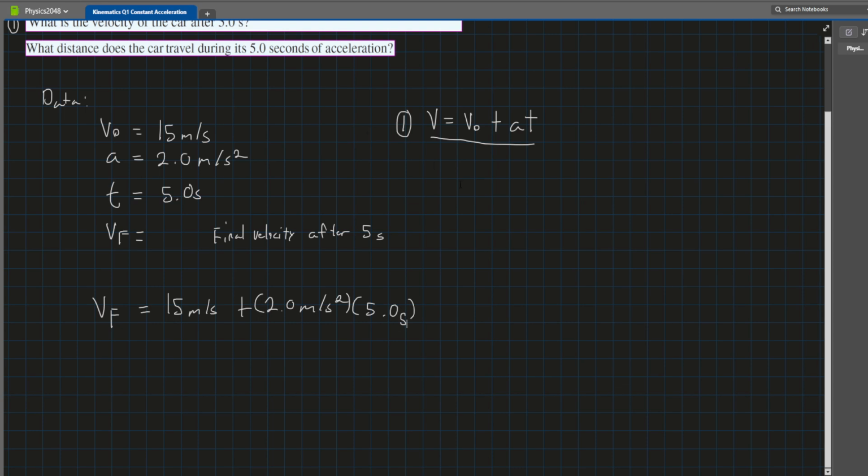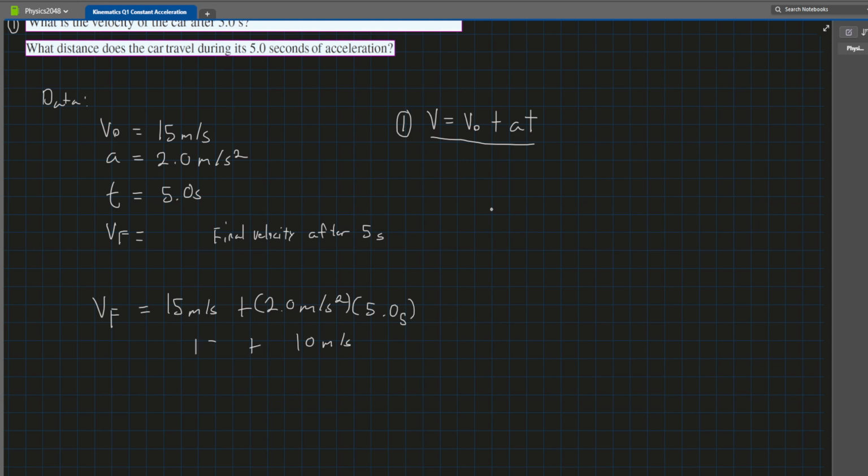In this case, VF would be 2.0 times 5, we'd have 10 meters per second. Let's add 10 plus 15. Okay, that would be 25.